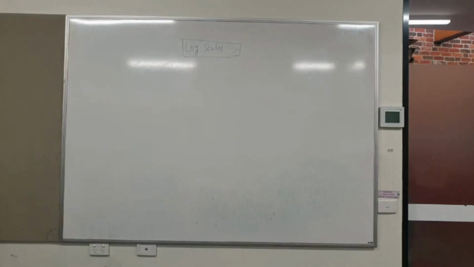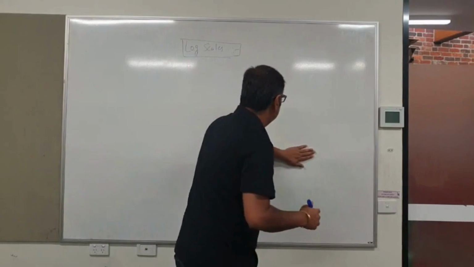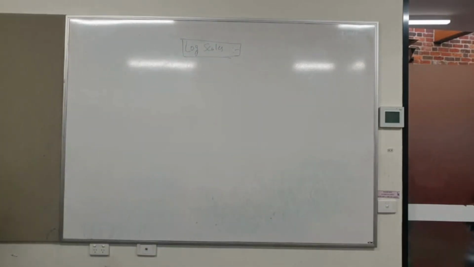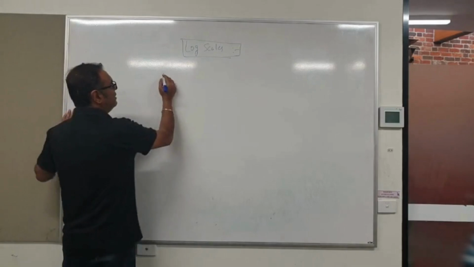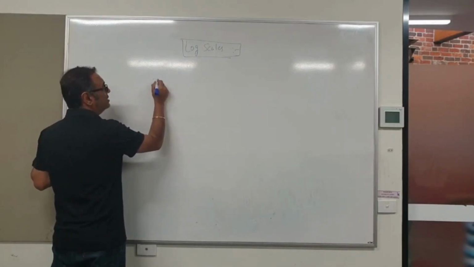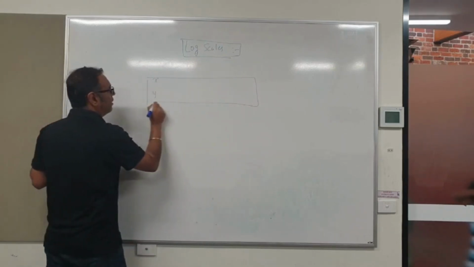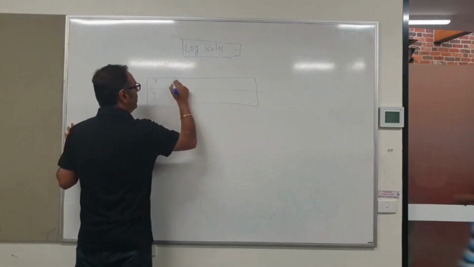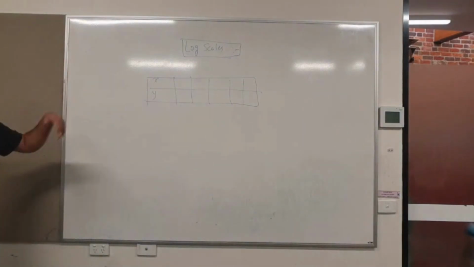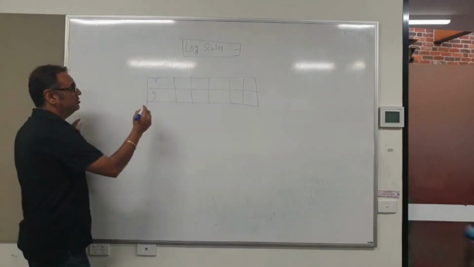Now, let us say you are drawing basically a graph between x and y where, let us say, your x values are very, very small to very, very large.